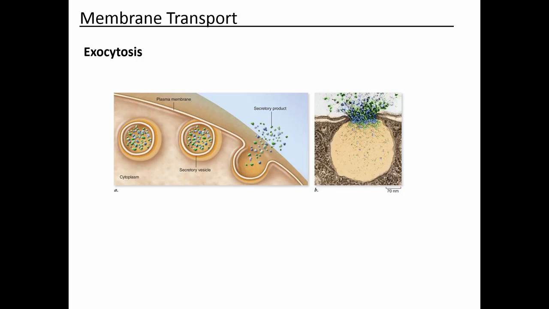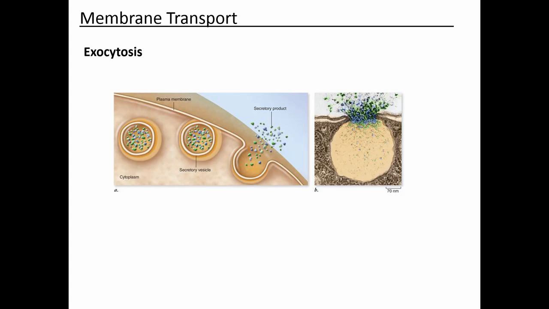You start with a vesicle on the inside of the cell that contains a substance, and then the membrane of the vesicle fuses with the plasma membrane in a way that dumps the contents of the vesicle to the outside of the cell. After it's fused, the membrane of this vesicle is actually a part of the plasma membrane, and the contents get dumped to the outside.